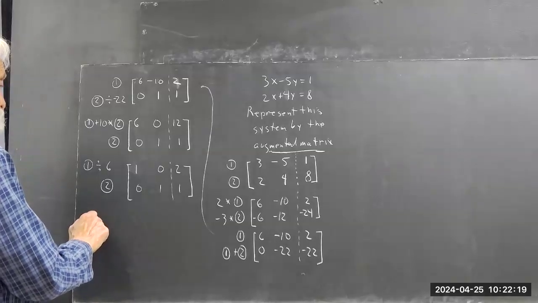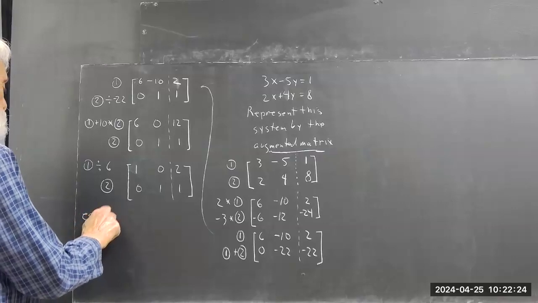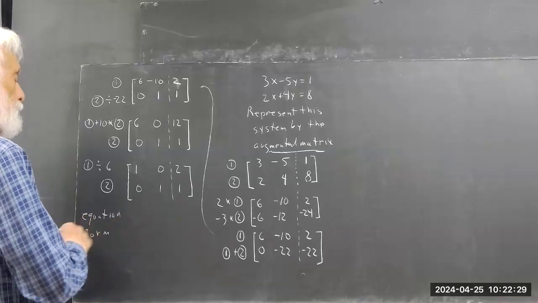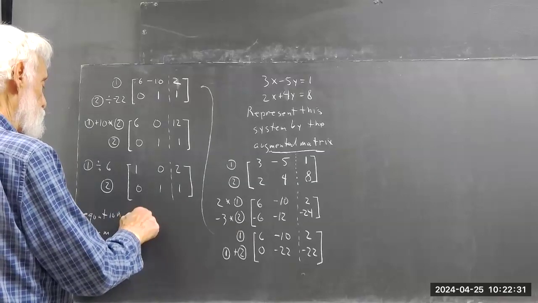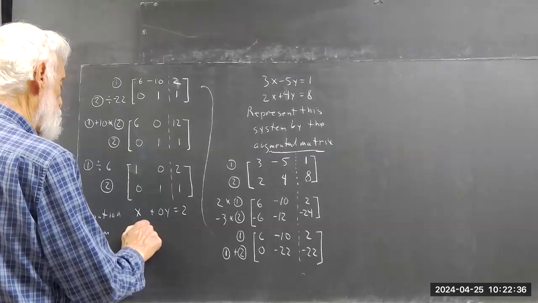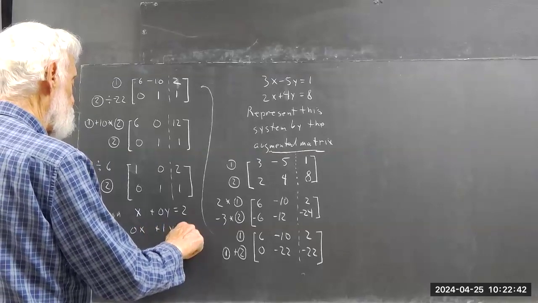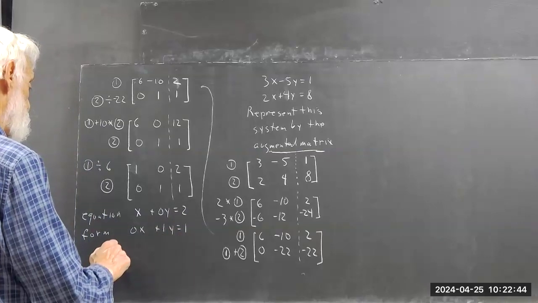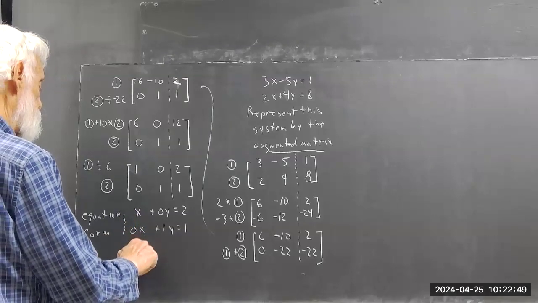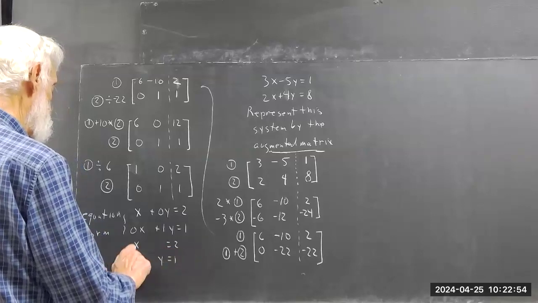Now, the equation form of the system is x plus 0y equals 2, 0x plus 1y equals 1. And that could just be written as x equals 2, y equals 1.